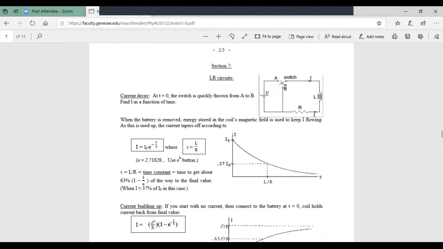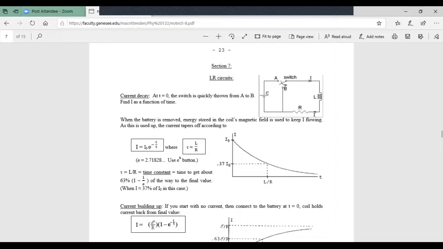The equation of this graph is what's shown in the box over here. I equals the original current, I0 or IO, whatever you want to call that, O for original maybe, times e to the minus t over tau. The Greek letter tau is what's on the bottom. Tau is the time constant, like in the other box.